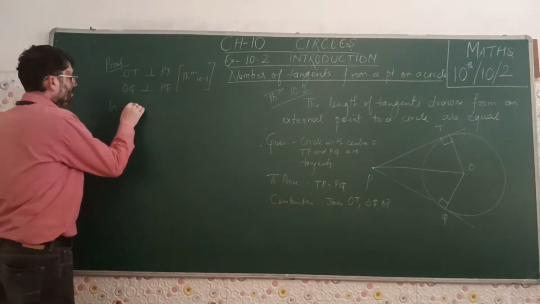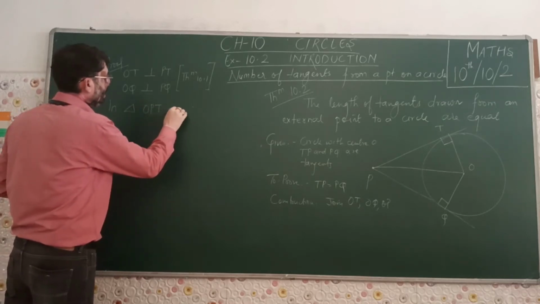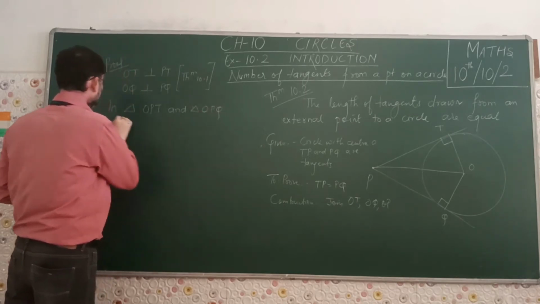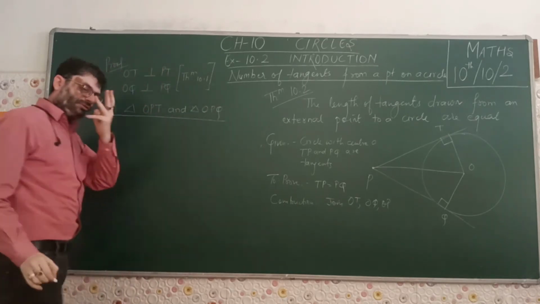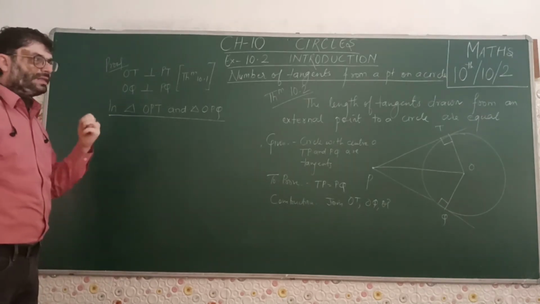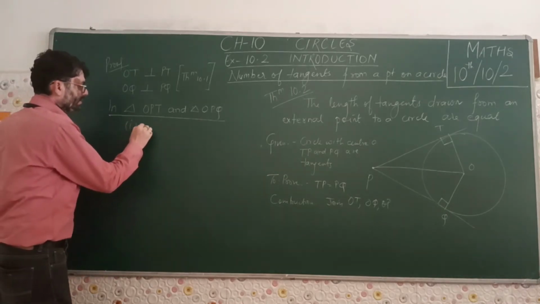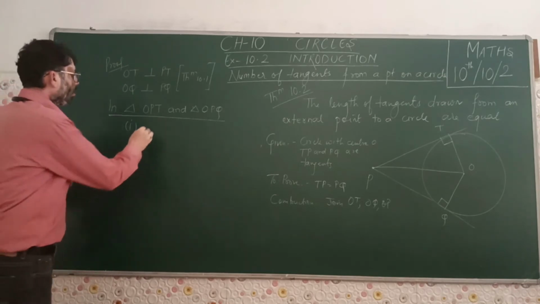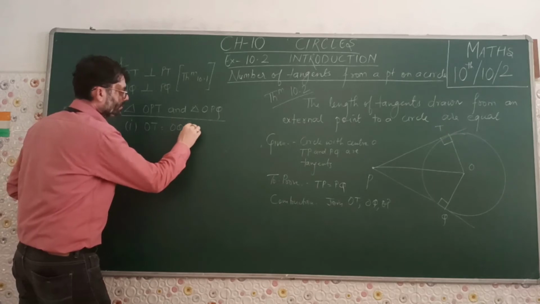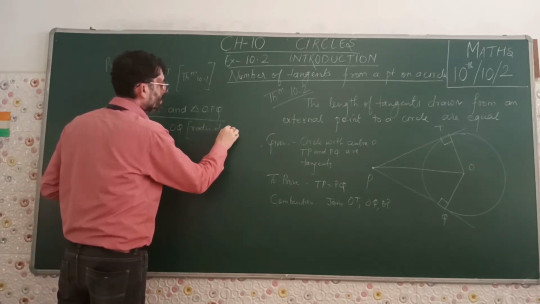So in triangle OPT and triangle OPQ, we need three things to be equal for the triangles to be congruent, that too following the rules of congruence. So what are the three things that we can write? So first, can we say OT is equal to OQ? Yes, we can say both are radius of the same circle.